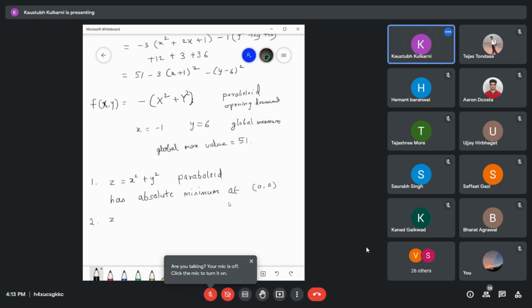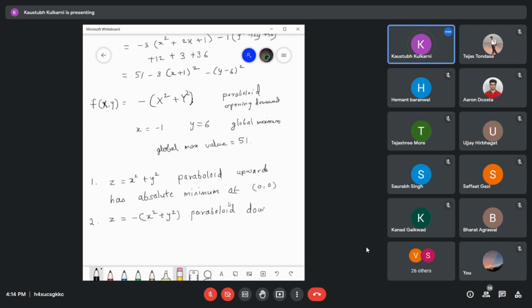If it is the negative of the sum of two square terms, that is, both the coefficients of x square and y square are negative, then it will also be a paraboloid, but opening downwards, just the opposite of the first case.